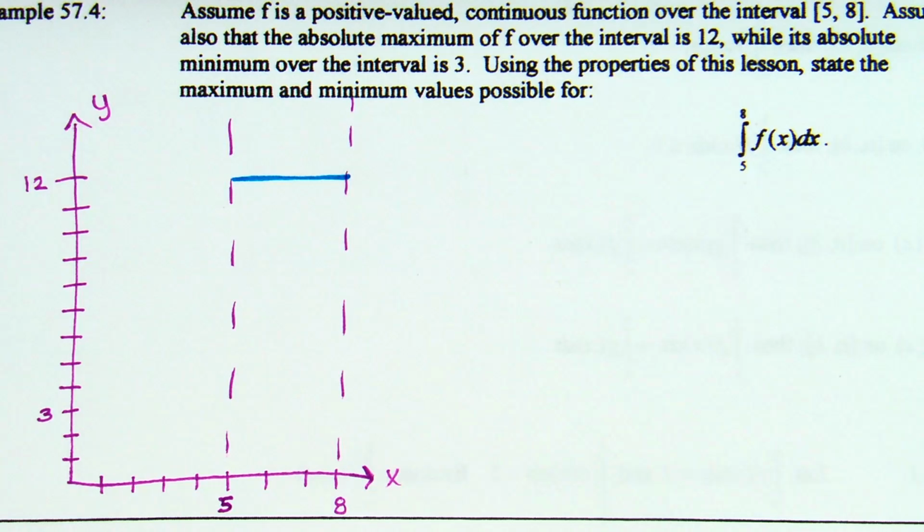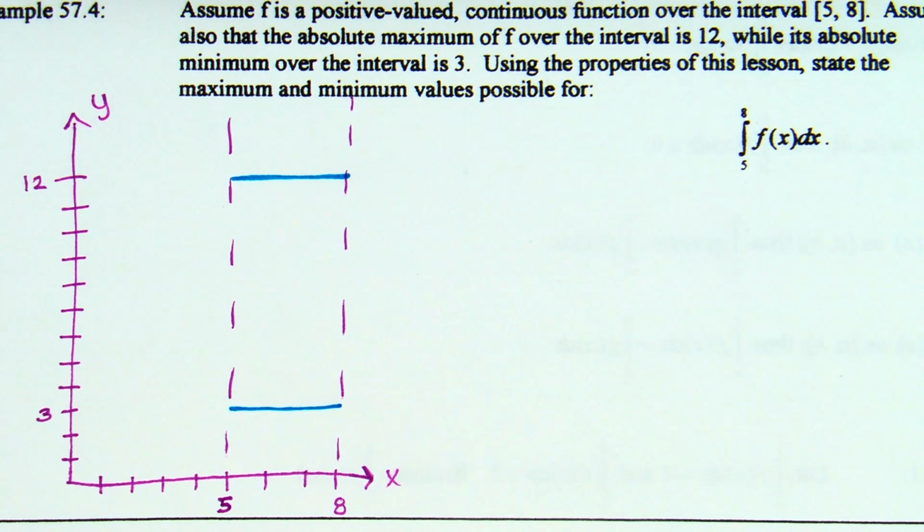The absolute minimum, so the lowest it will ever go, is 3. And I have some curve in there. We don't know what the curve looks like, okay? But I'm going to sketch in a curve here.